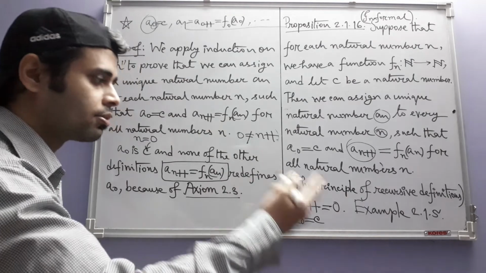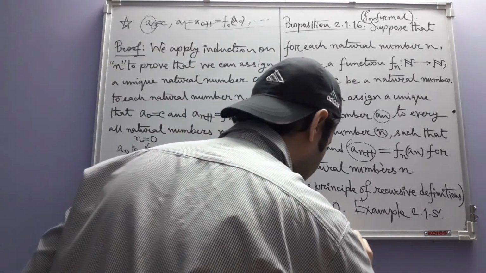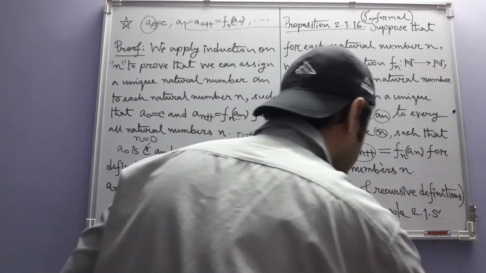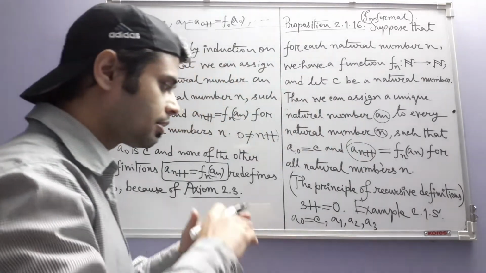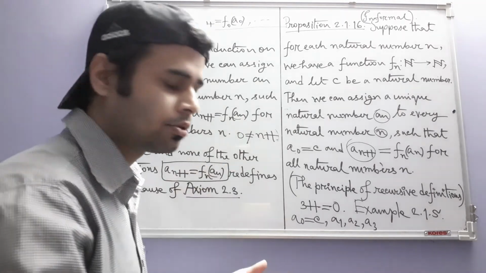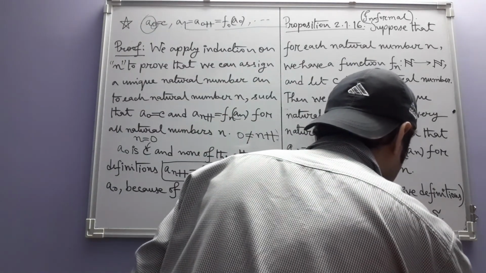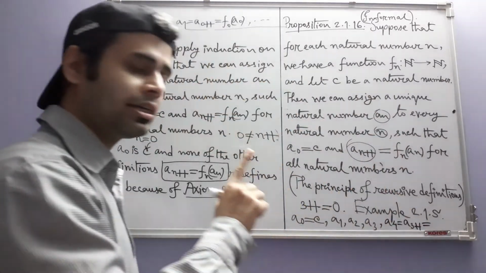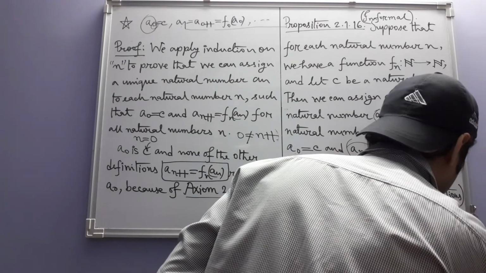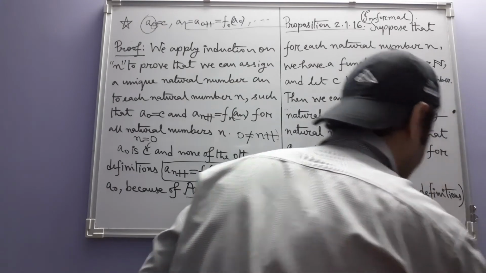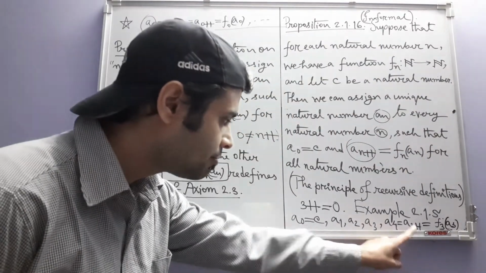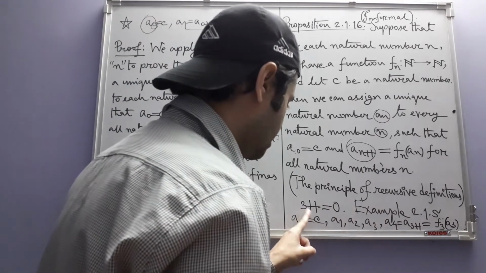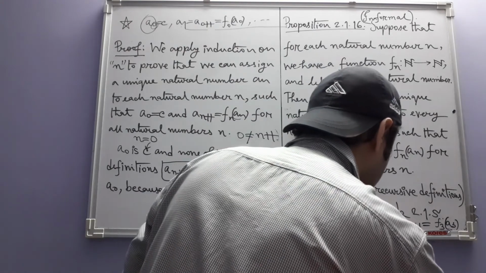Then I define a1, a2, a3. Then when I try to define a4, which is a3 plus plus, according to my definition, it will be f3 a3. But at the same time, a3 plus plus is a naught also, because of the peculiarity of this number system.